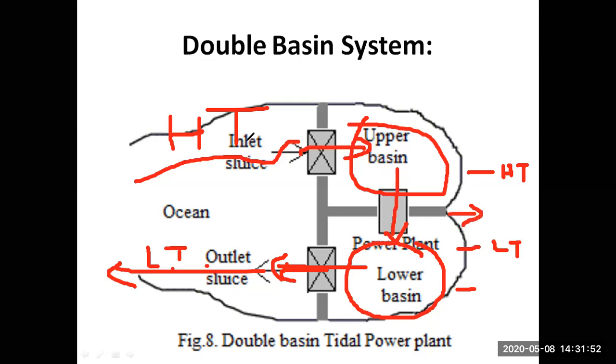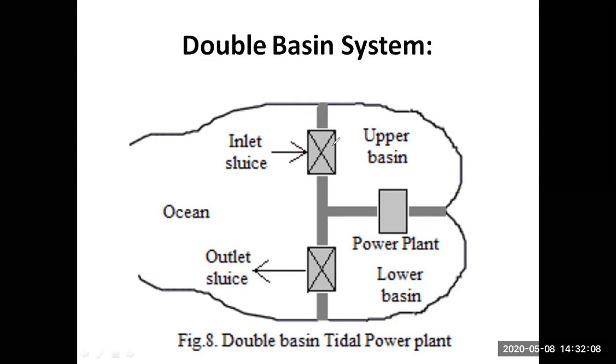So this way the two basin system works, and as far as efficiency is concerned, it is a very efficient generating plant, but the construction cost is very high because, as you can see, the provision of a barrage is a long construction. So this setup is costly, and making two basins at different levels, different altitudes, is another cost-consuming factor that hikes the cost of this plant.